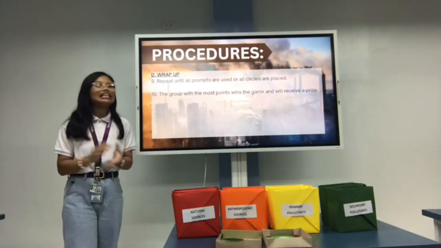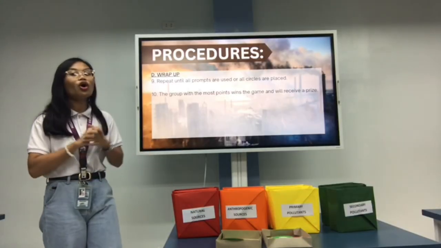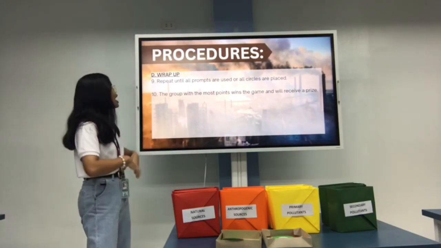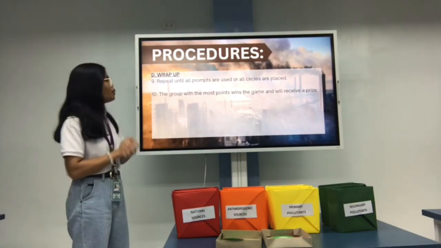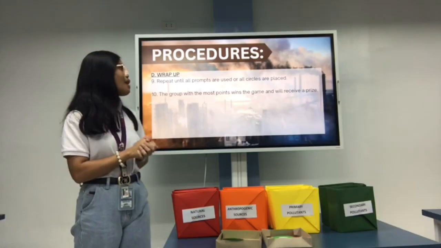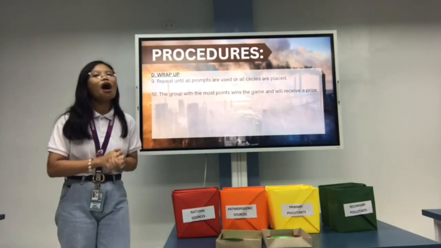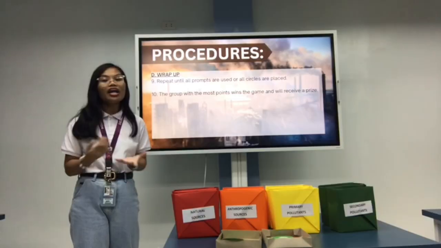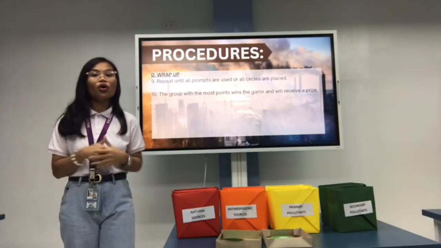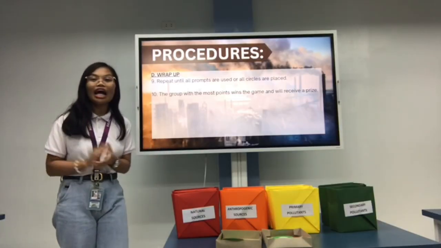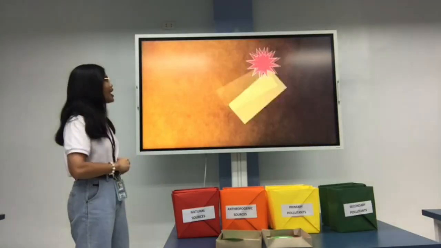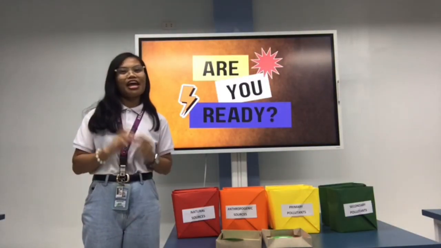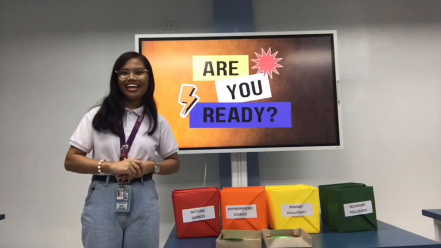Repeat until all prompts are used or all circles are placed in the correct boxes, and the group with the most points wins the game and will receive a prize. And take note, run and drop only when I say go. So wait for my signals. Everyone, are you ready for our game? If you're ready, then let's begin.